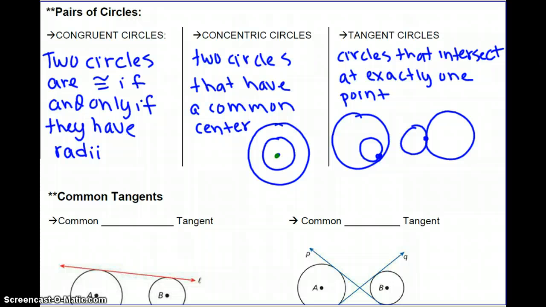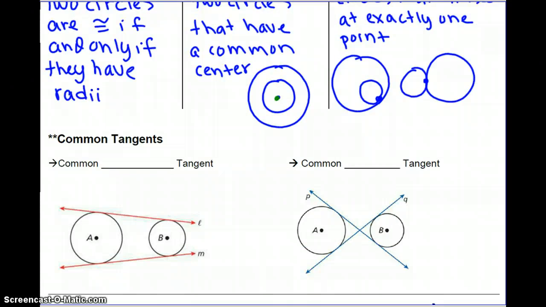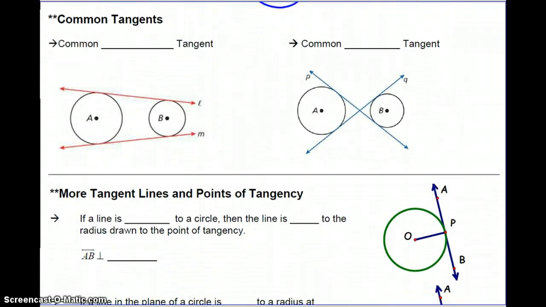Now, keeping with the same theme of external and internal, we do have different types of tangents. So this picture on the left is an example of common external tangents. Line L and line M both intersect the circles at exactly one point, but they're on the outside of both circles.